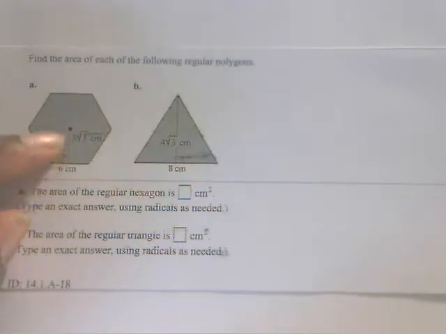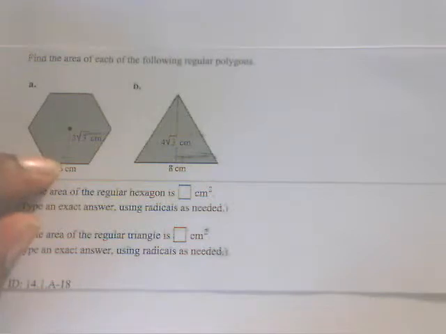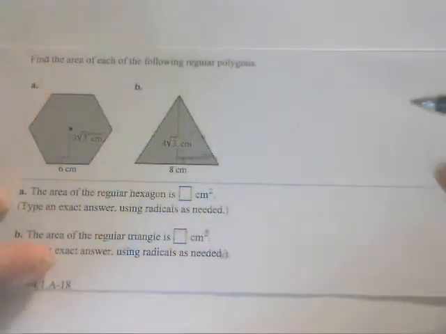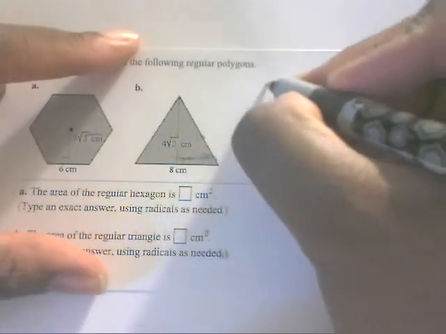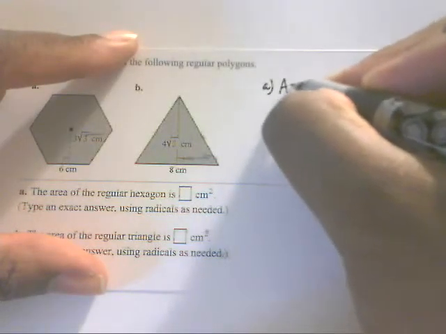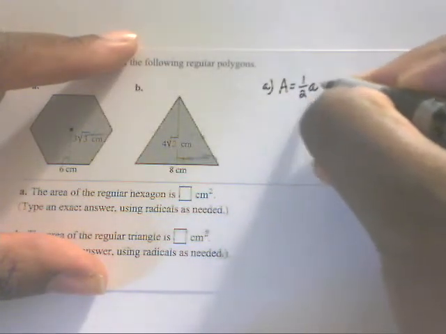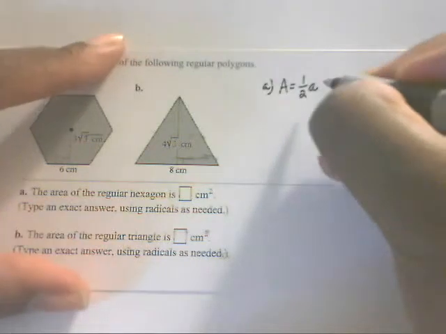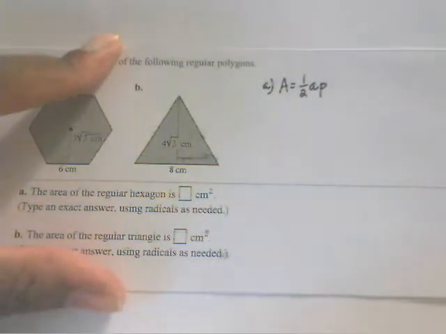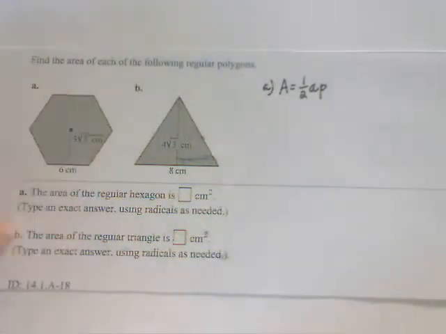The apothem is the height from the center of the hexagon and is perpendicular to a side of that hexagon. That's 3 times the square root of 3 centimeters. Okay, if you recall, here's this formula. A is equal to 1/2 the length of the apothem, which is your A, times P, the perimeter of this particular hexagon.